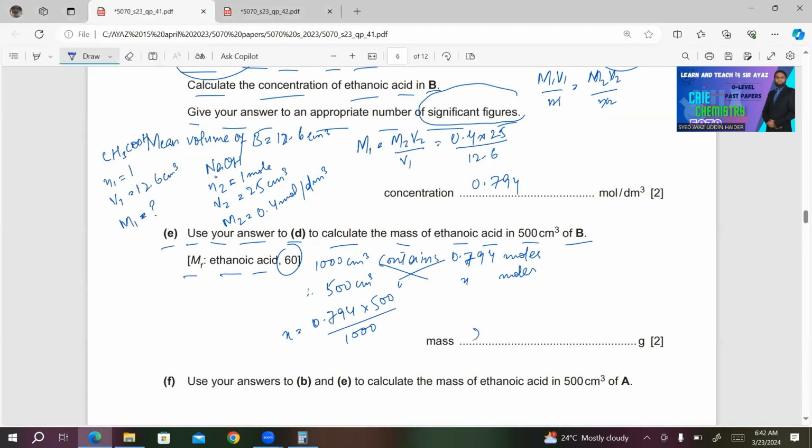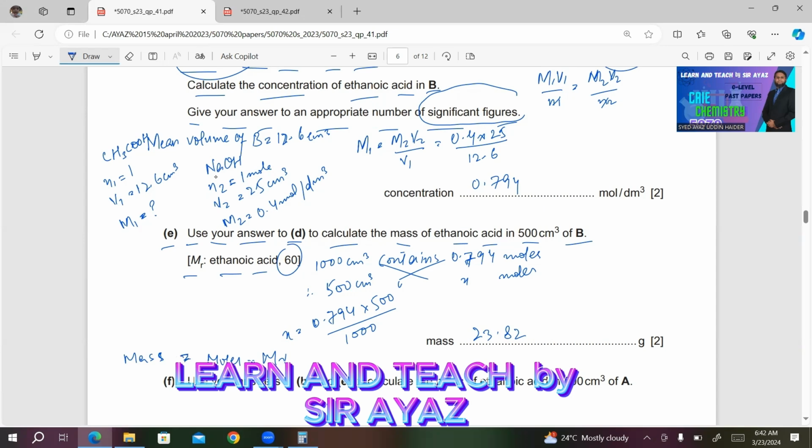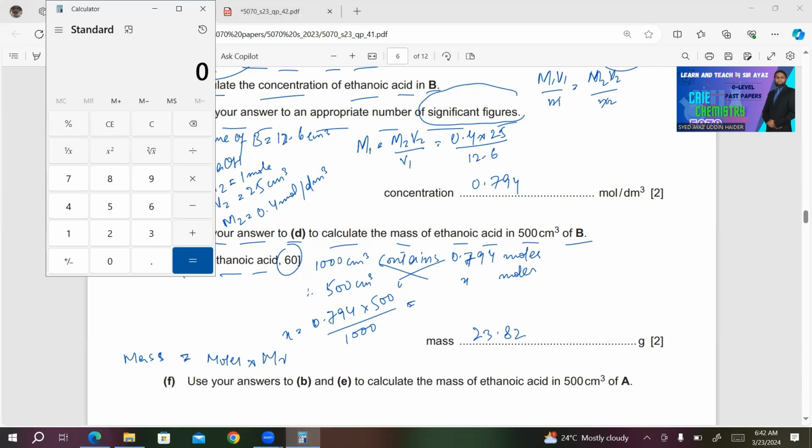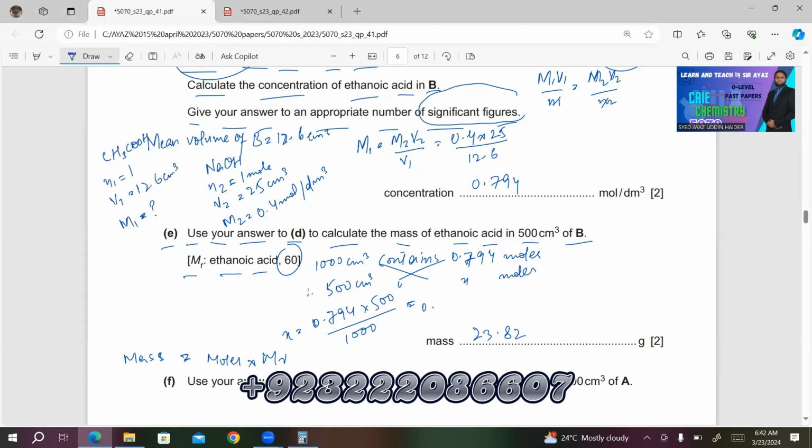So you write 23.82, because I have multiplied the moles by the MR in order to get the mass. Remember this formula: in order to get the mass, you need to multiply the moles by the MR. These are the moles we obtained, 0.397.